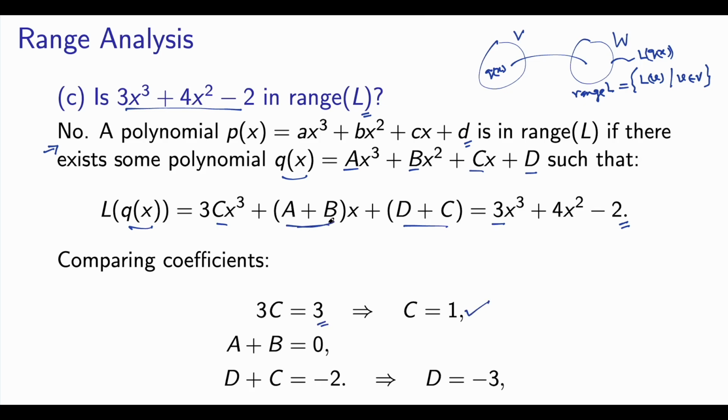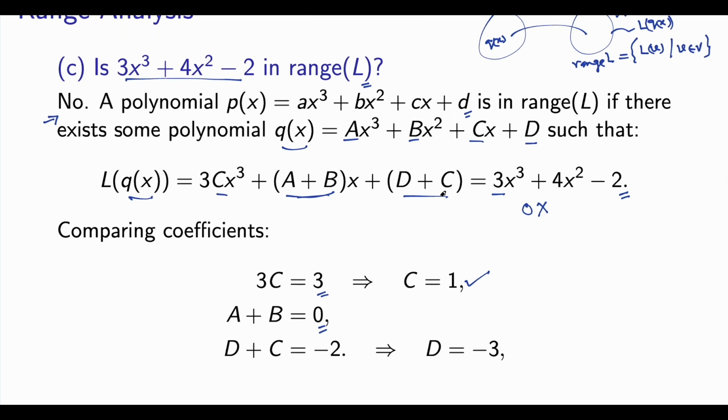A plus b is equal to, there is no term of x, so we can assume 0 times x in this polynomial. So that coefficient is 0. And now the c plus d constant term is minus 2. Since you already have the c value, you can calculate the d value, right?